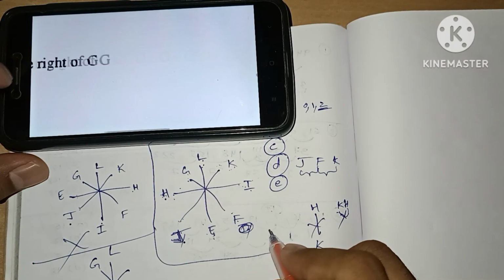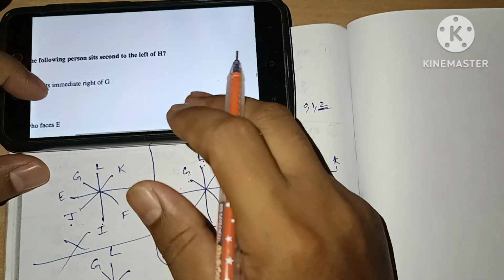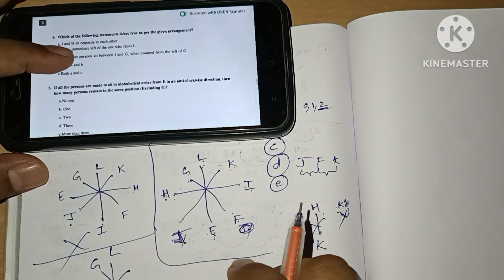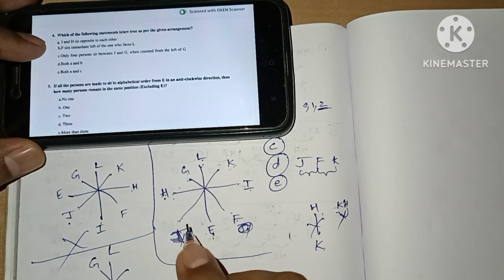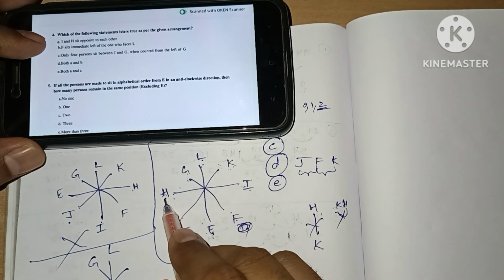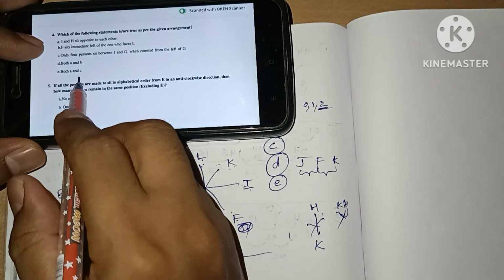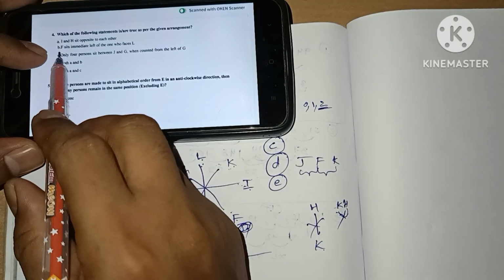Now we are going to see question number 4. Which of the following statements is true? I and H sit opposite to each other. So the first one is true. Here we have options both A and B. So we check the second one.